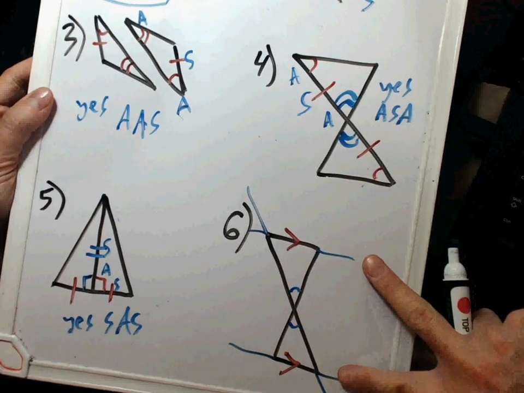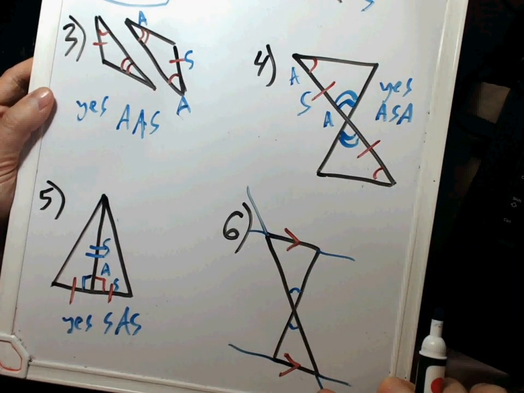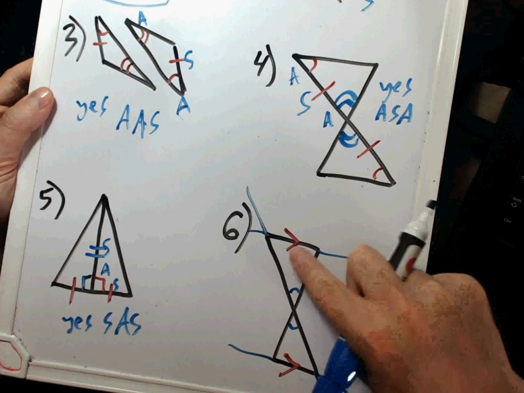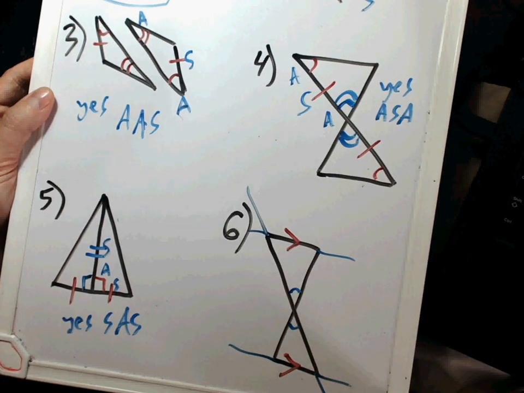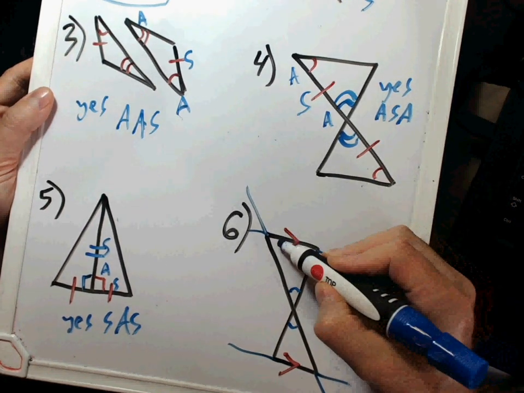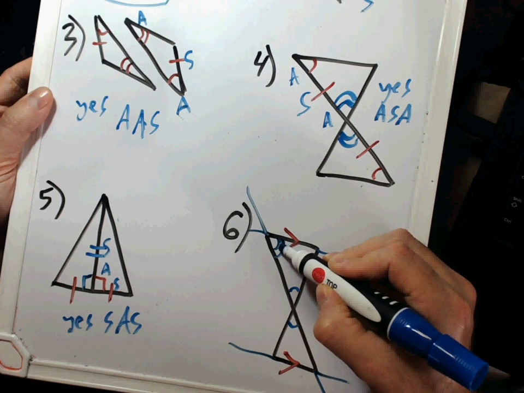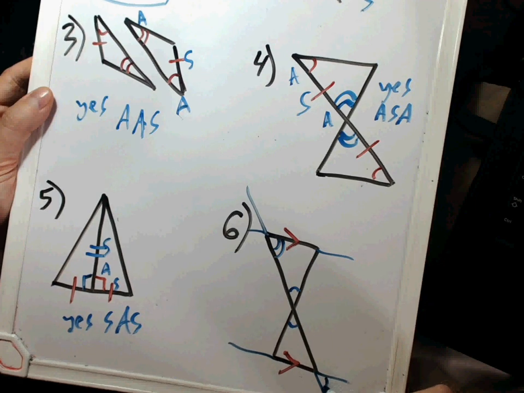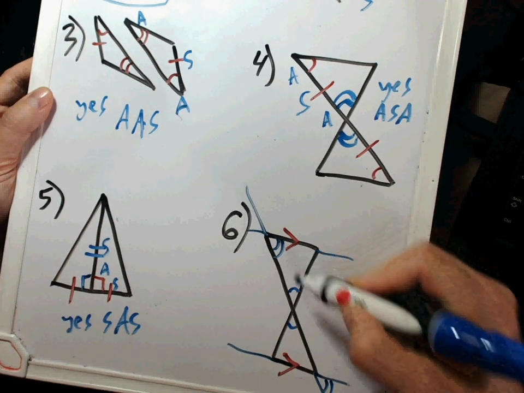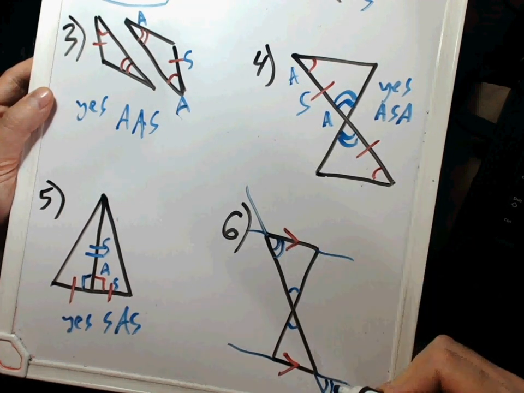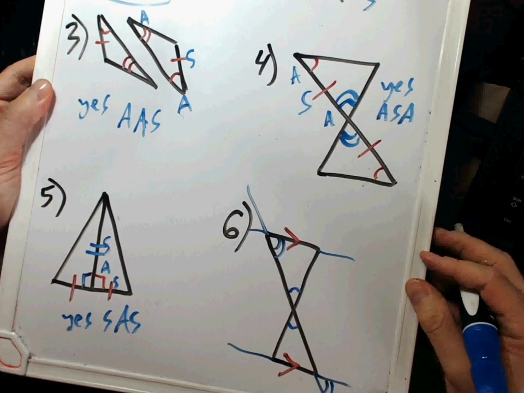Since we have parallel lines cut by a transversal, and we care about the angles on the inside of the triangles, you can see that this angle is going to be congruent to this angle down here, right? Those two angles correspond. They're corresponding angles.